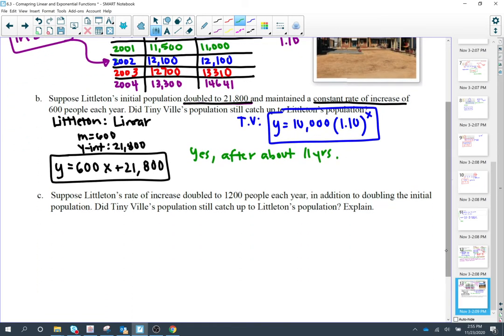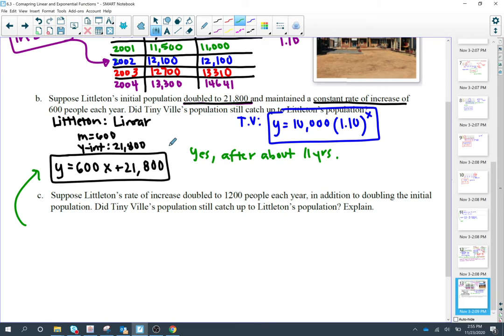Okay, part C. Suppose Littleton's rate of increase doubled to 12,000 people each year. Okay, so now we're still talking this guy over here. Except instead of being 600 people each year, we're going to go up 1,200 people each year, in addition to doubling the initial population. So the initial population is still going to be 21,800.